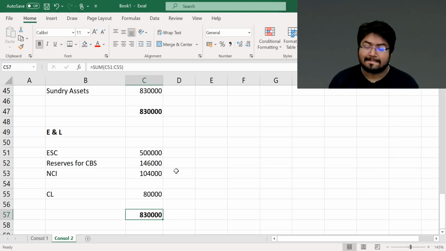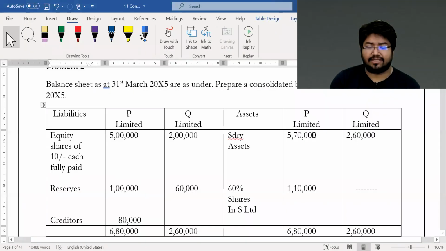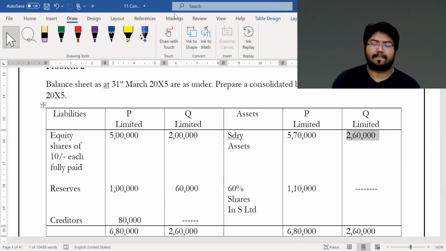So the sundry assets, 8,30,000. The sundry assets of parent is 5,70,000 and child is 2 lakh. Both together is what we have got there. Okay, got it.